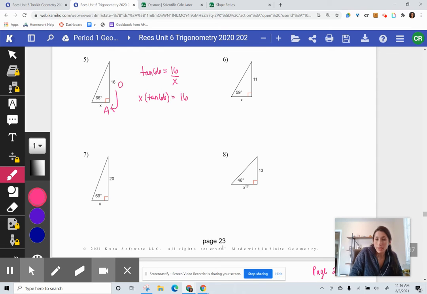Now, the only way to isolate x from this point is to divide by the tangent of 66. Now, when we do that, I would say, okay, my exact answer, instead of multiplying, it's actually dividing. 16 dividing by tan 66. That's my exact answer. That's what I would have to type into the calculator, and then here we'll get our approximation.